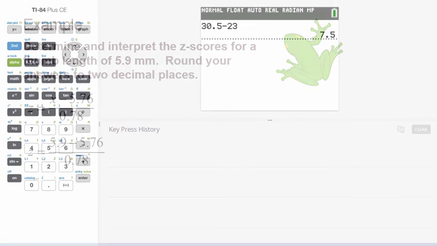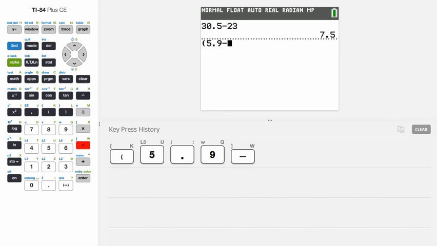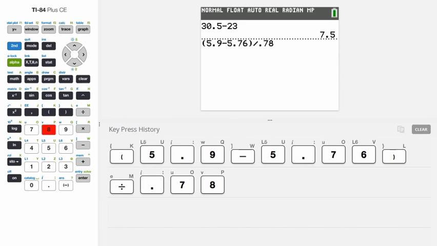Going to our calculator, when we type in our information, we start with parenthesis 5.9 minus 5.76, close parenthesis, divided by 0.78. We want the calculator to subtract before it divides.